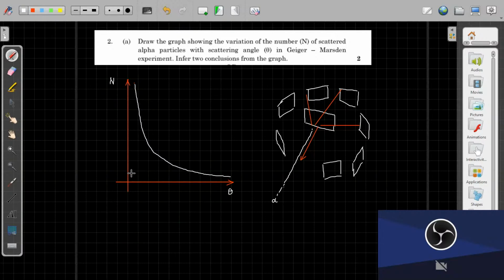What do you note? For small scattering angle, number of particles scattered is more. That means most of them.